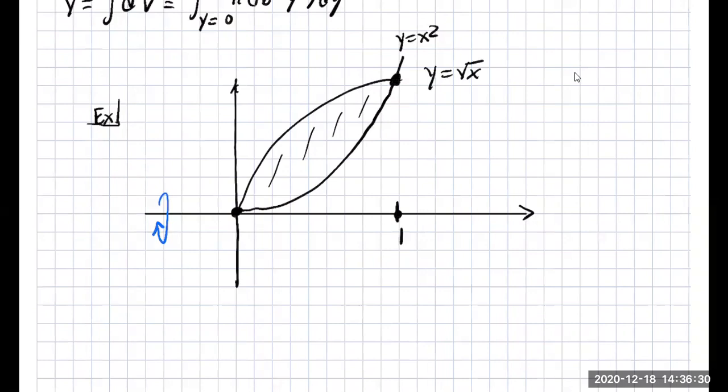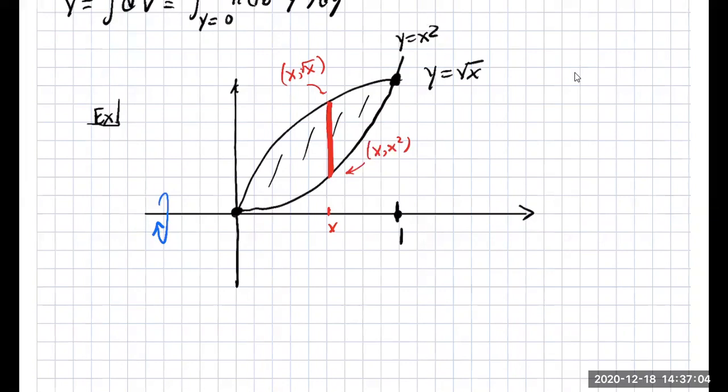So what I'll do is I'll put my differential rectangle in there somewhere between 0 and 1, say maybe here. Okay, I'll label the top and the bottom of it. Okay, so that's my differential rectangle. It's vertical. It's perpendicular to the axis of revolution.